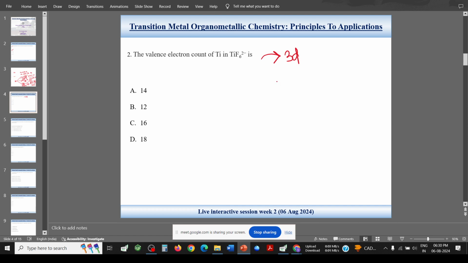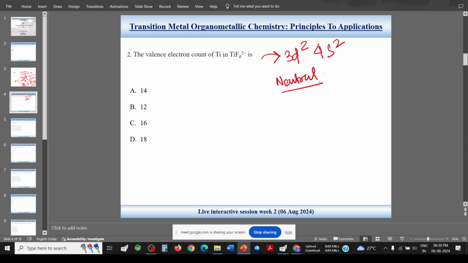And here we will use the neutral method. So total number of valence electrons will be 12.